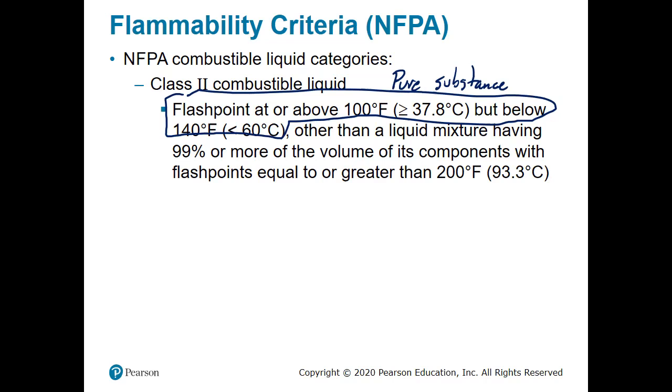But what if I have a mixture of isopropyl alcohol and benzene and a whole bunch of other stuff? Well, if that mixture, and 99% of its volume or more, had flash points that were greater than 200 Fahrenheit, which that mixture I gave you would not fit into this category.